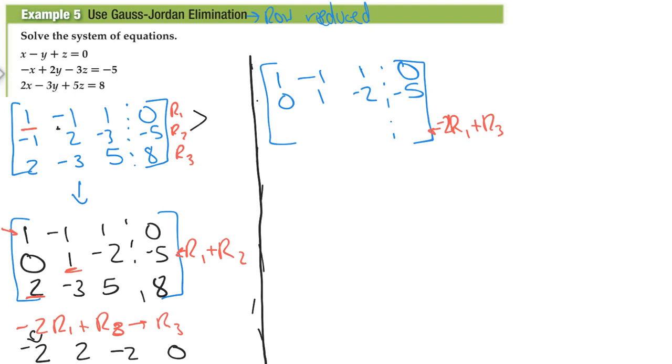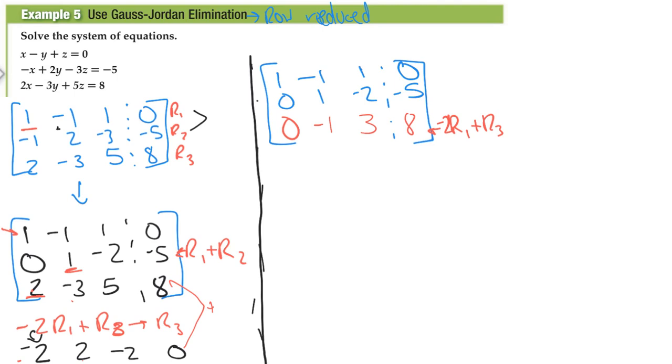So looking at the adding, 2 plus -2 is 0. Then -3 plus 2 is a -1. Then 5 plus -2 is a 3. And then 8 plus 0 is 8. So I took those two, added them together, and that became our new row 3.